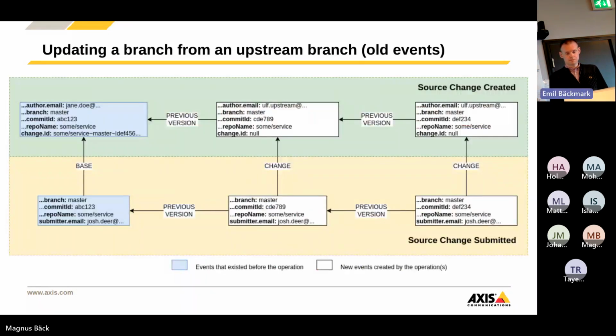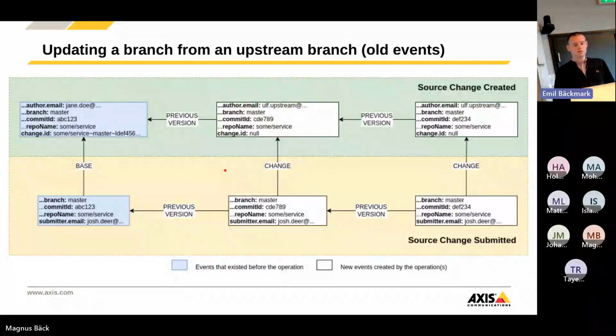And if we look at that in the old events, you would have the existing state of the master branch here in blue. And since we're updating, the update entails including 2 new commits into this. So we send 2 new source change created and 2 new source change submitted.